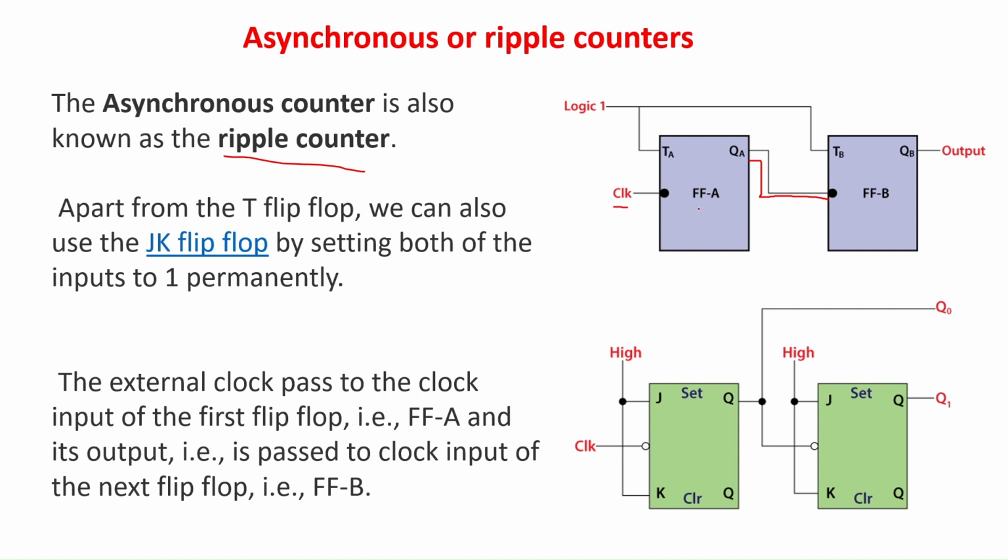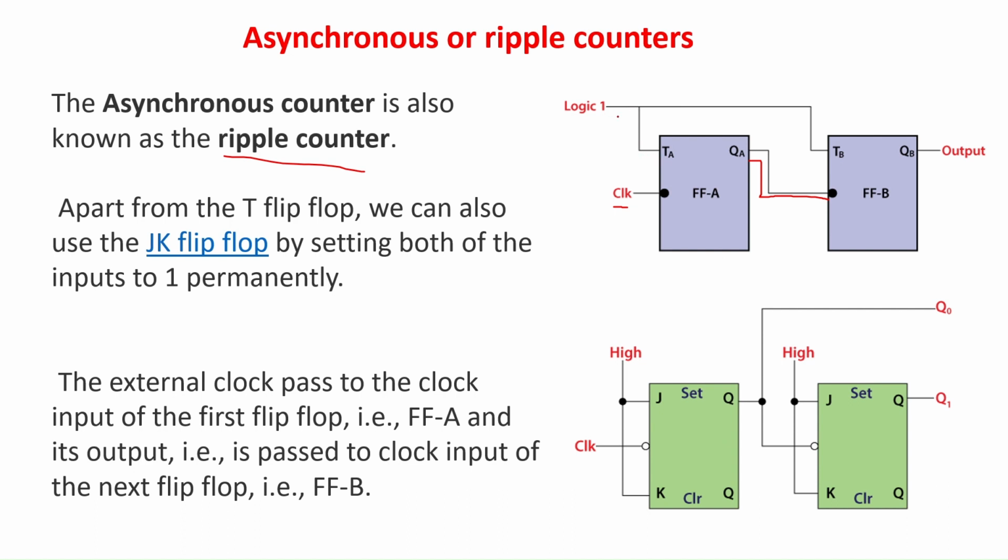Similarly, using JK flip-flops also, a ripple counter could be constructed by setting both the inputs J and K to 1. In the case of JK flip-flop, both inputs J and K have to be 1, whereas in a T flip-flop there is only one input T, which is set to 1.